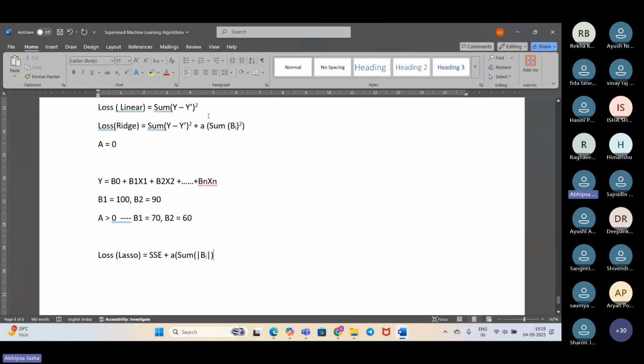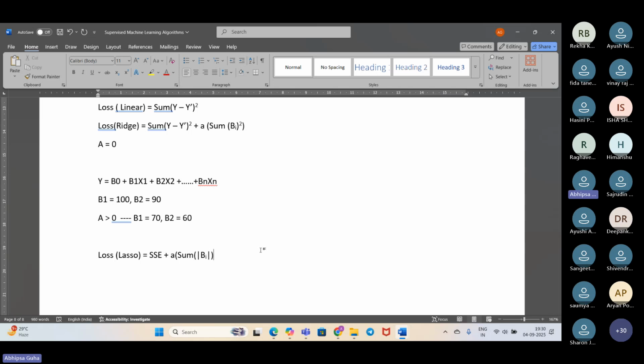Technically you can see here we are doing the squared operation, and here we are taking the mod value. Understood?